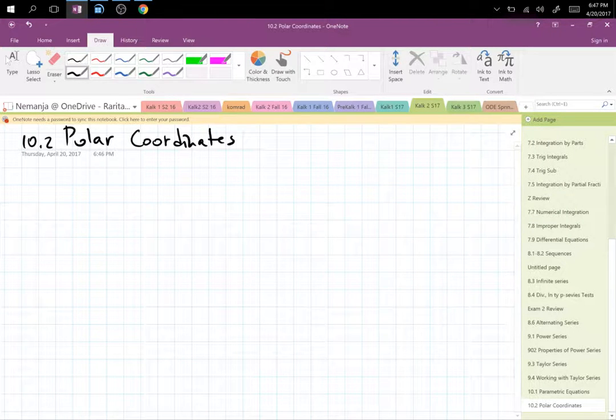Hello and welcome back to Calculus 2. We're talking about polar coordinates. This is extremely important because later on we are going to upgrade two-dimensional coordinates into three-dimensional coordinates.